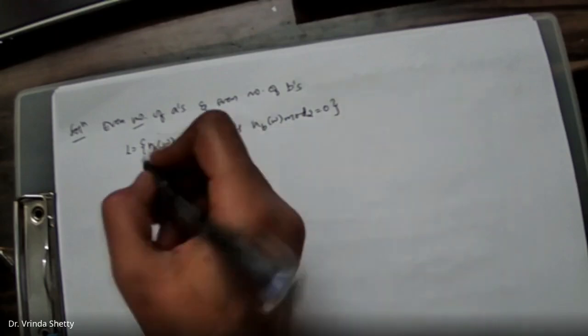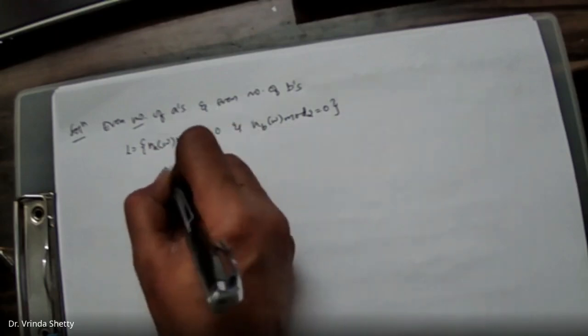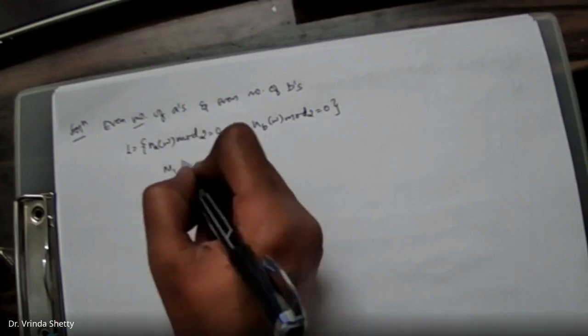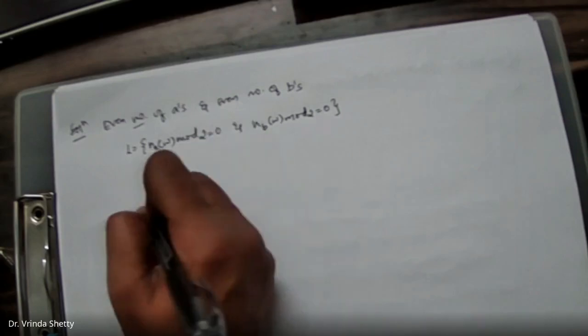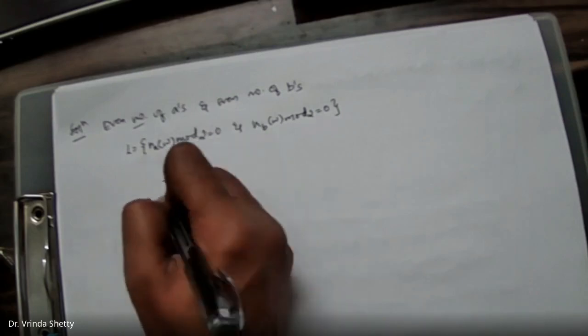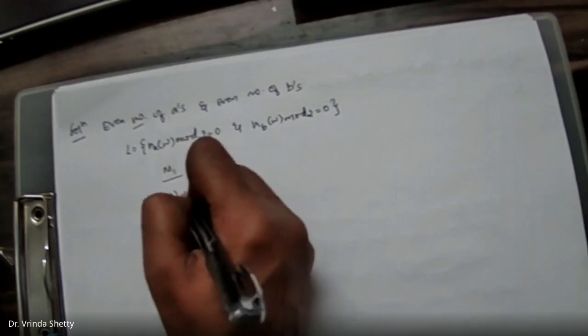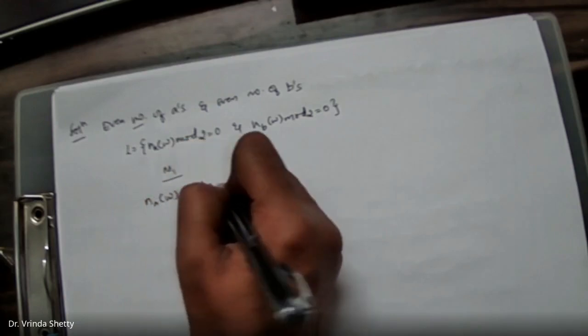First I'll construct the machine M1, that is, number of A's in string w mod 2 = 0.